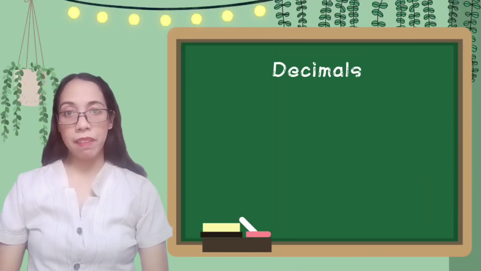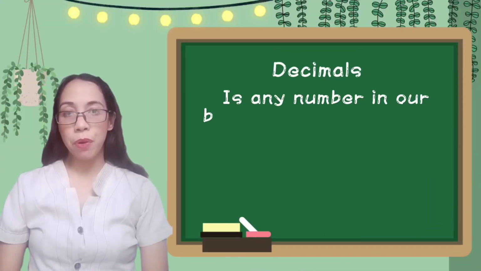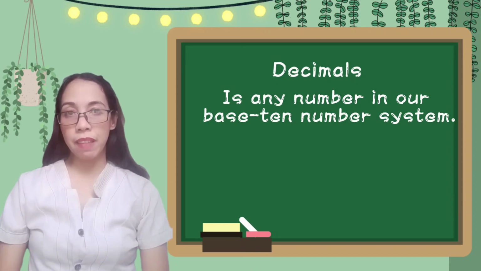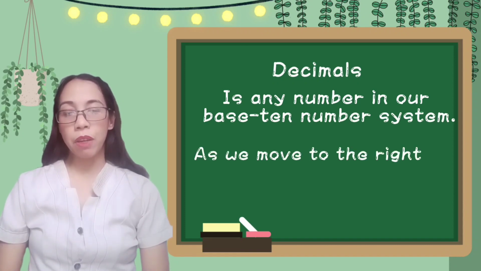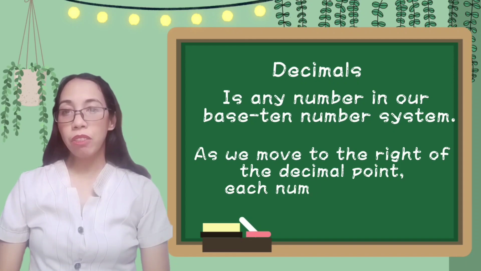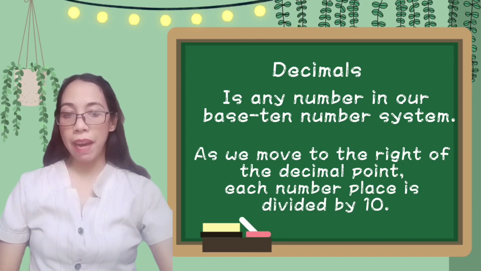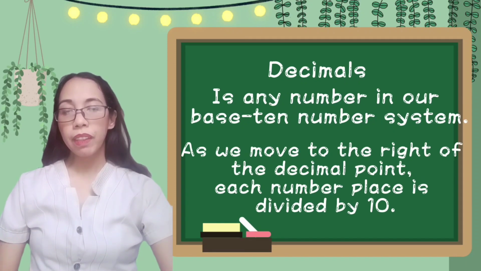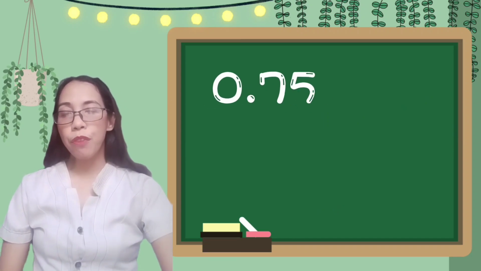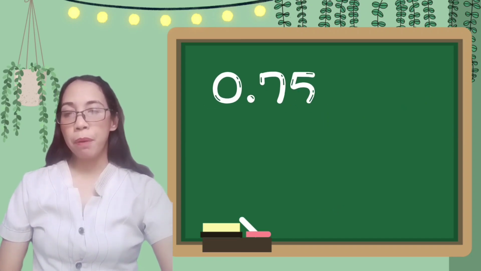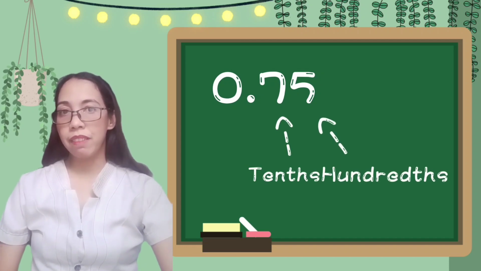Okay? Okay, now let's have decimals. Decimals is any number in our base 10 number system. As we move to the right of the decimal point, each number place is divided by 10. Example, 0.75. From the decimal place, we have tens and hundreds.